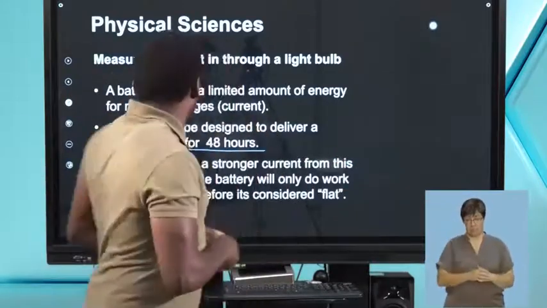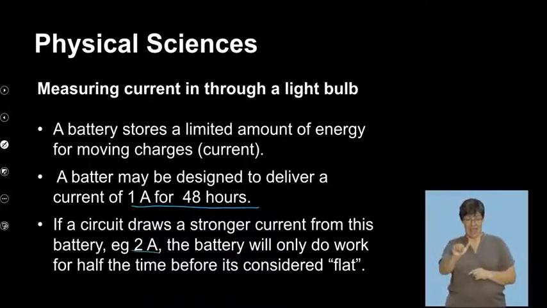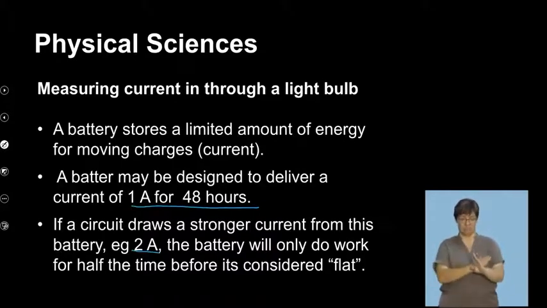Now, if a circuit draws a stronger current, we already know something about current intensity. So 2 amperes is double 1 ampere. If we connect it to an appliance that has greater resistance, which draws a current of 2 amperes, that battery will only do the same job, but for half the time, before we consider it to be flat.